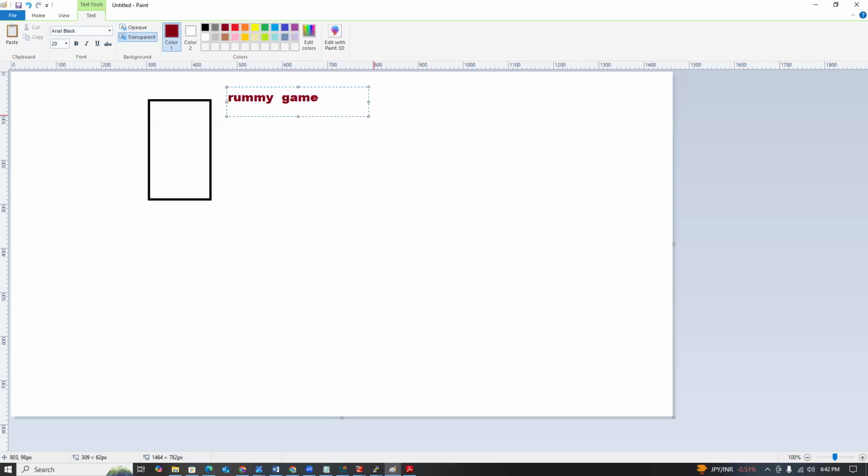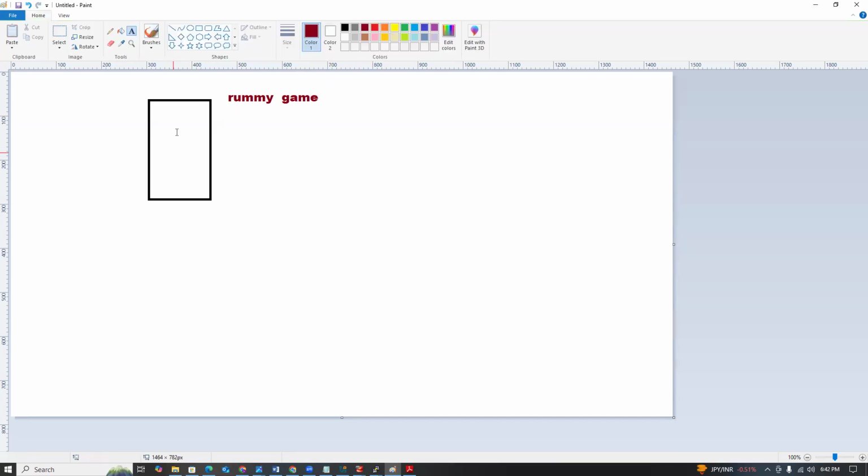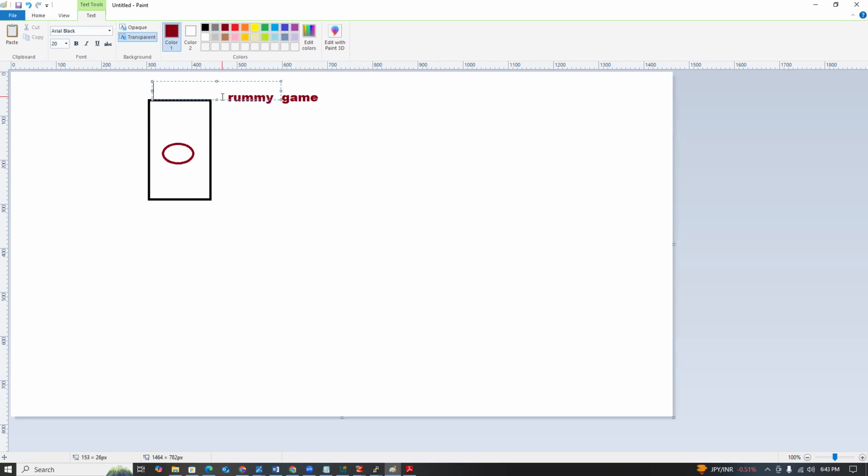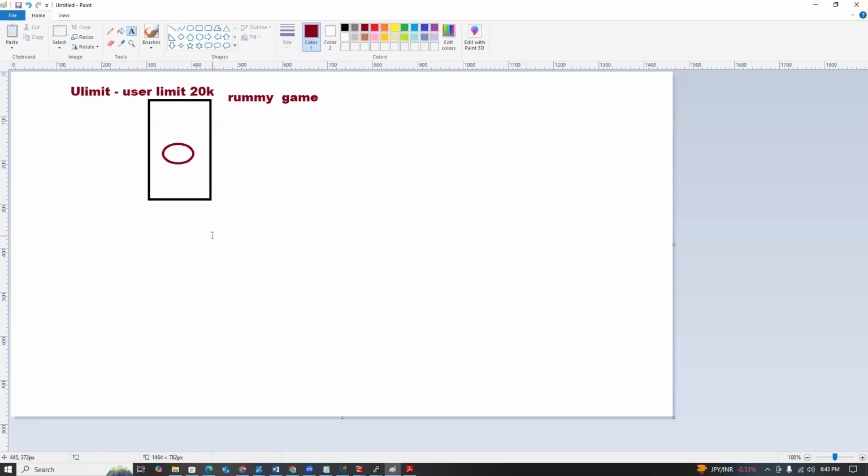It's like Pakata in Telugu. So this Rummy game is deployed on this server. The user limit of this server is, for example, 20K.